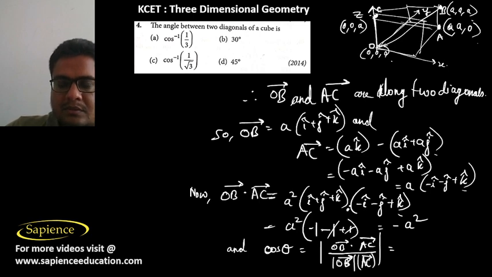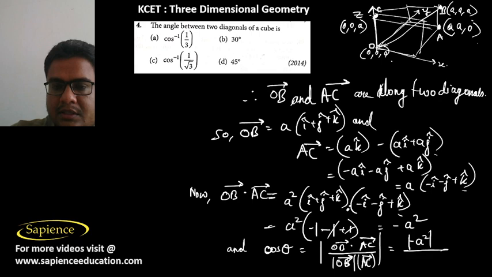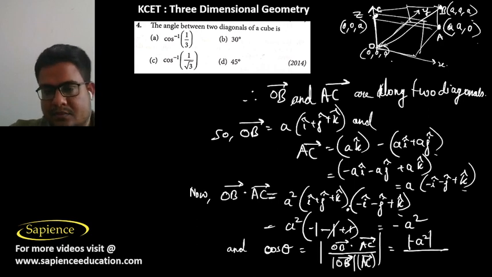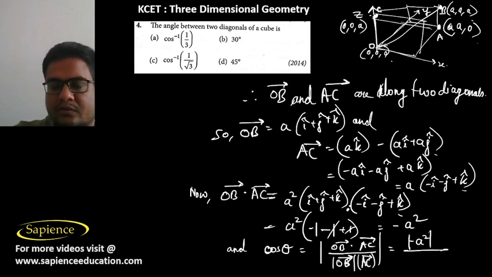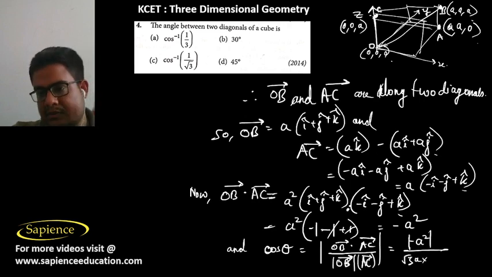So that will be mod of minus a square divided by magnitude of OB, that is square root of a square plus a square plus a square, that is root 3 a, times root 3 a.